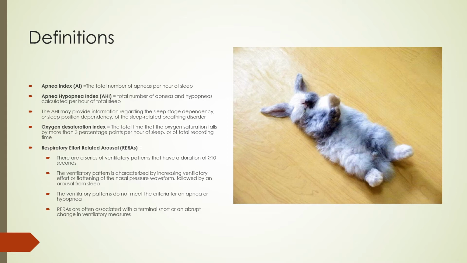In other words, their breathing pattern changed, and then their EEG, their brain waves, came into a more awake brainwave state. That's one of the things we look at, their EEG, their brain waves, and how deep of a sleep they're in, right?